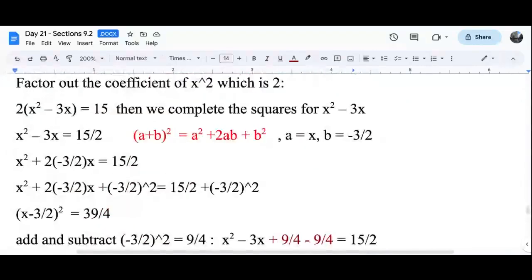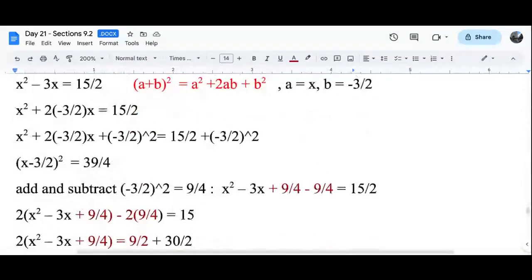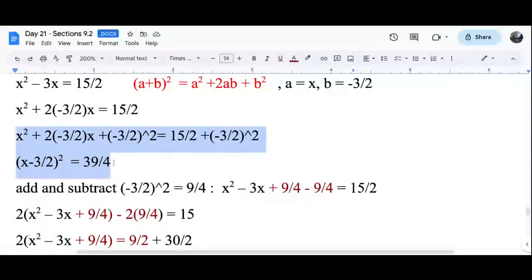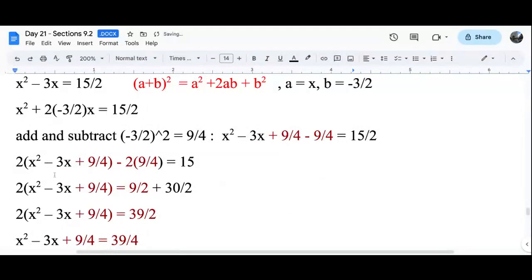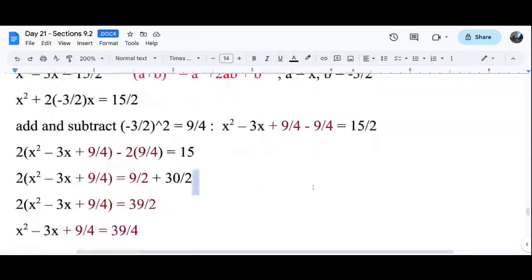Let me delete something because I have something repeated. Right. Add and subtract on the same side or add on both sides of the equation. Okay, same thing.